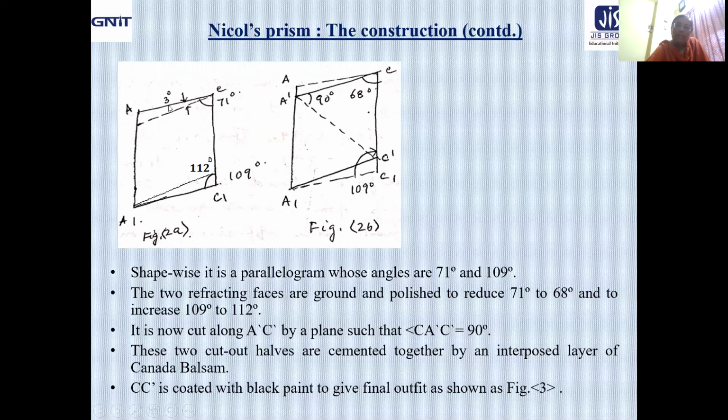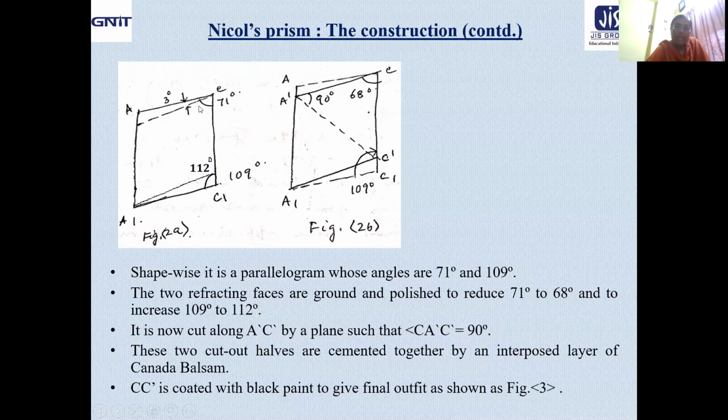The two refracting faces of a crystal, if ground and polished, then definitely some angle will be cut out. Here, according to the prescription of Nicol, the angle 3 degree is cut out from the top and the bottom refracting faces. That means A is now shifted here as A prime and C1 is now shifted here as C prime.